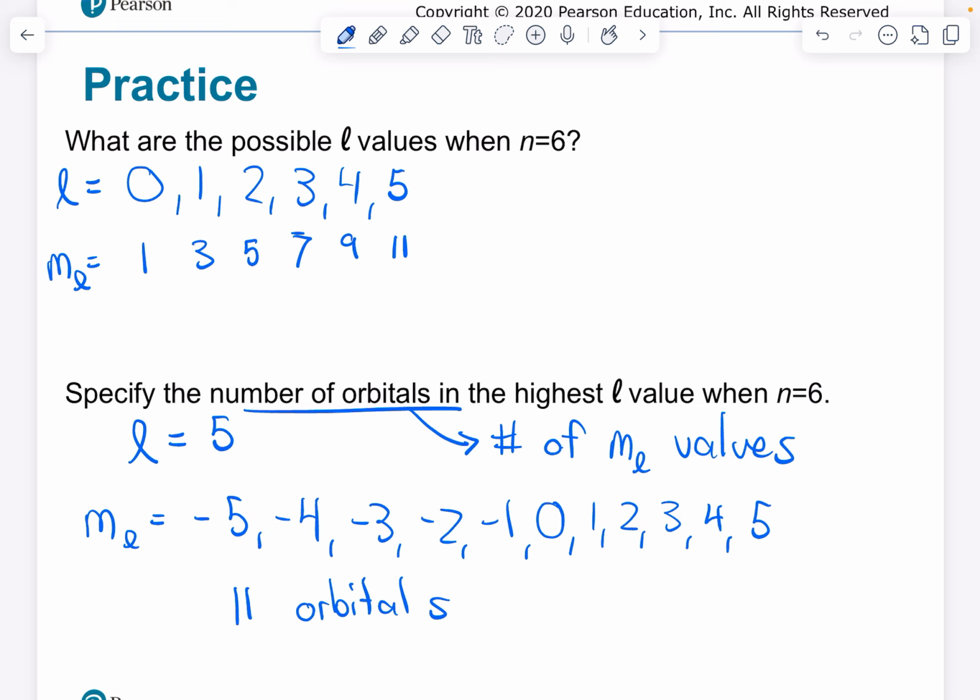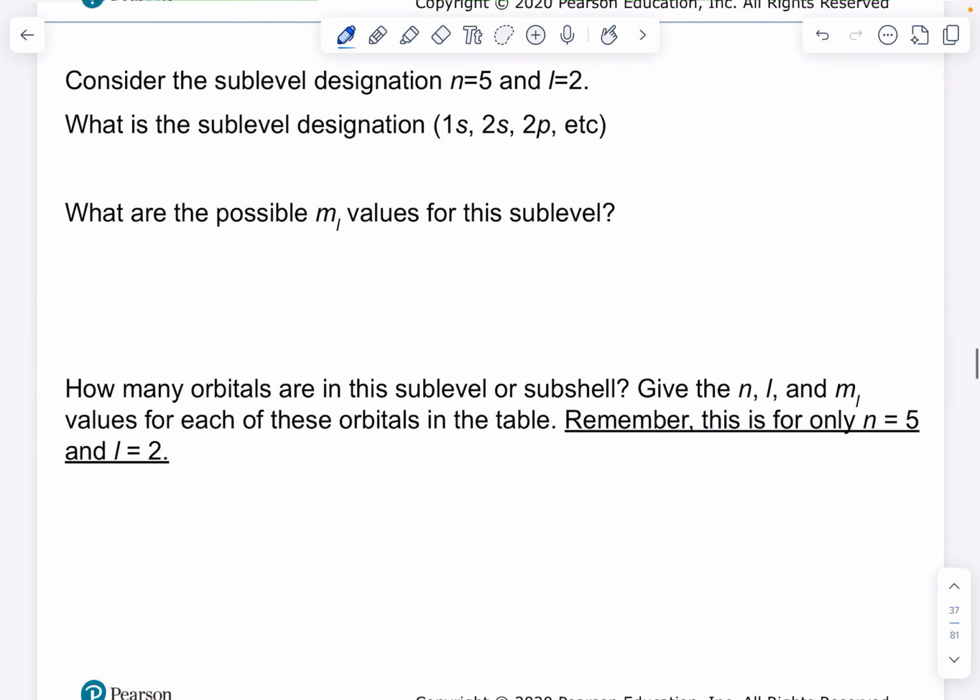Or I think there's a formula, it would be 2L plus 1. So 5 times 2 plus 1 would be 11. Okay, so just a few different ways to remember that. I prefer just writing them out to verify based on what the allowed values are. Okay, go ahead and pause here.